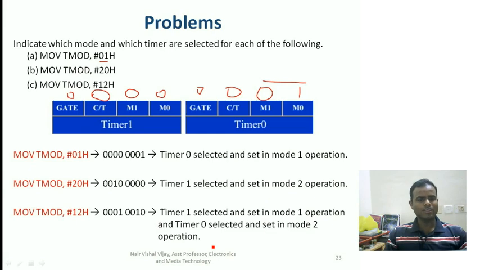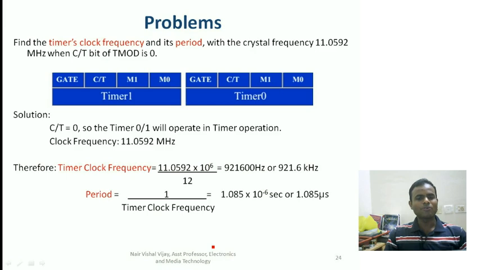So that is what timer is. Let's do a simple problem. Find the timer clock frequency and its period with the crystal frequency 11.0592 megahertz when the counter/timer bit of TMOD is 0. Now let's analyze this problem.